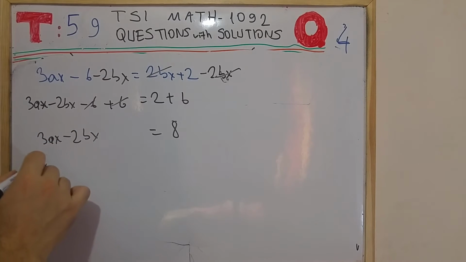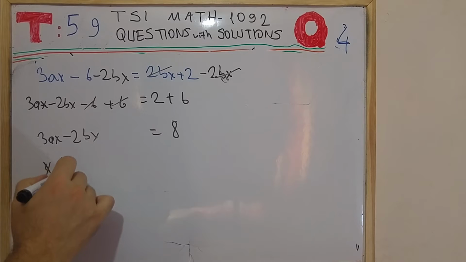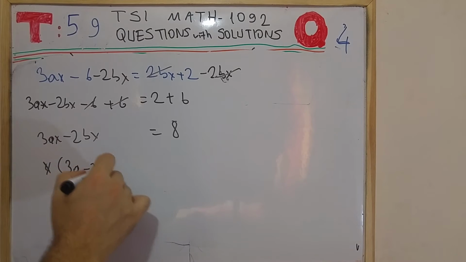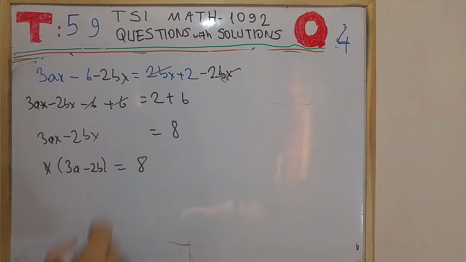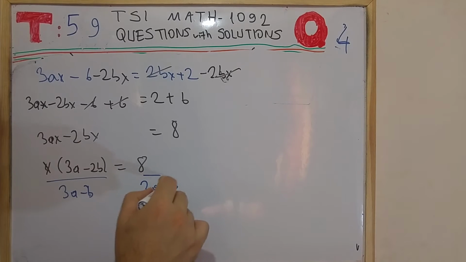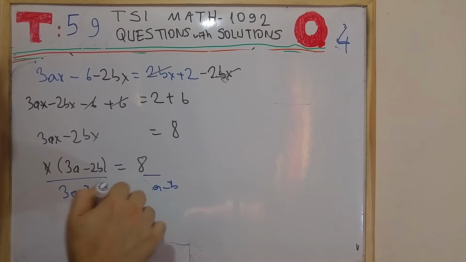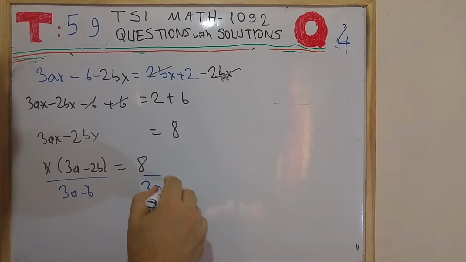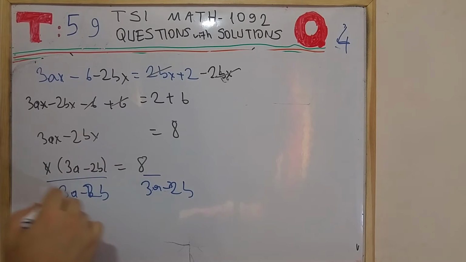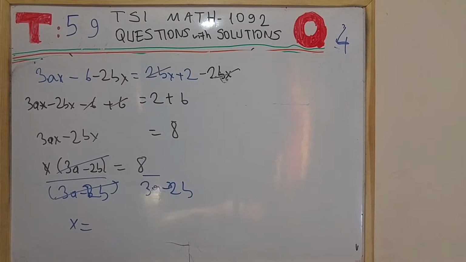When I take x into the parentheses, what I have is x times (3a minus 2b), which will be equal to 8. Now let's divide each side by 3a minus 2b, so these are gone, and I have only x left, which is equal to 8 over (3a minus 2b).